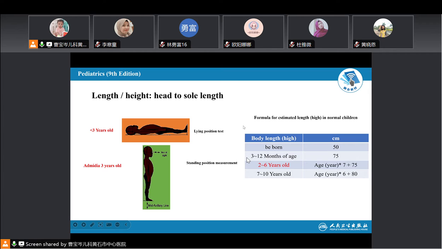Formula for estimating length in normal children: at birth it is 50 centimeters; at 3 to 12 months of age, 75; and for 2 to 3 years old we can use this, and for 7 to 10 years old we can use this.